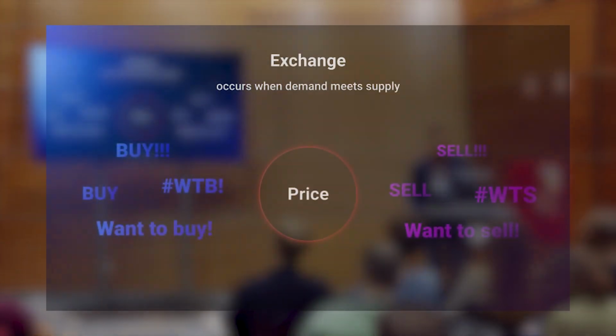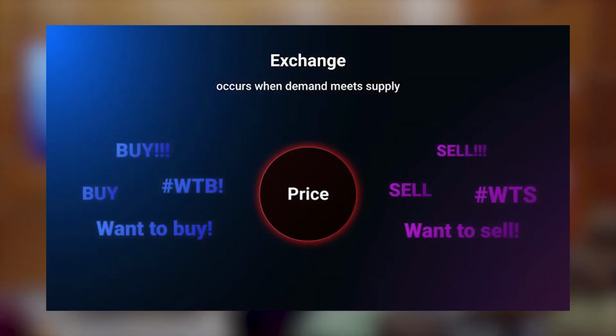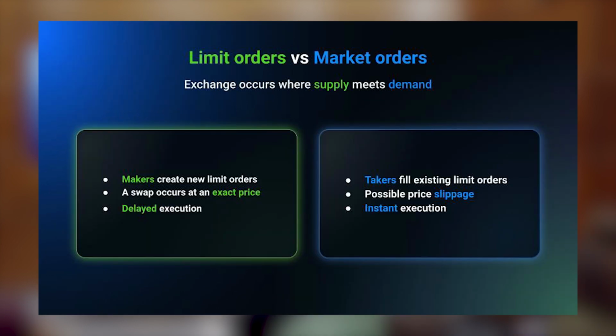So in the beginning, how does any exchange happen? The supply should meet the demand at some price where both agree. To make this happen, we need someone to be the first to make a proposal and someone else to be the counterparty.